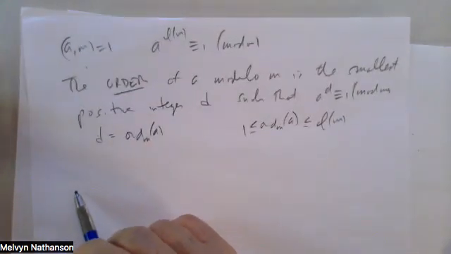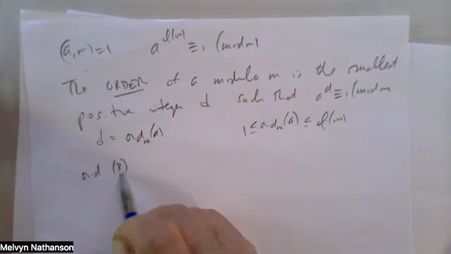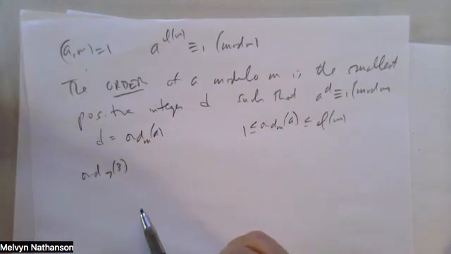So for example, what is the order of 3 mod 7?